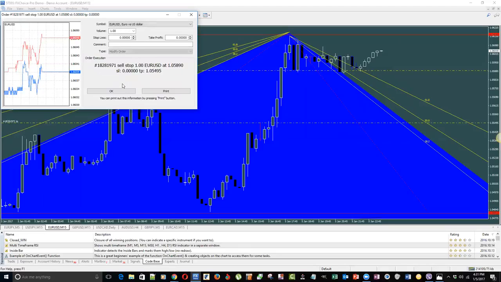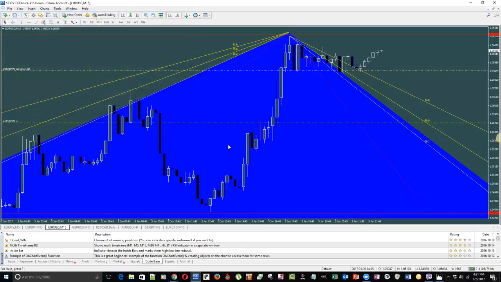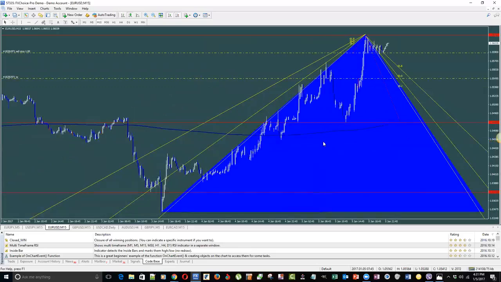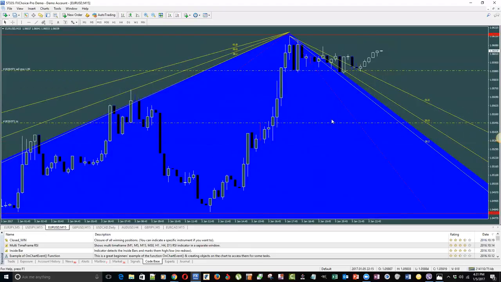All right, so modify, and there we go. And that falls right above 50% of where it respected support at, right here. All right, so let's see how many pips that is. From here to here.